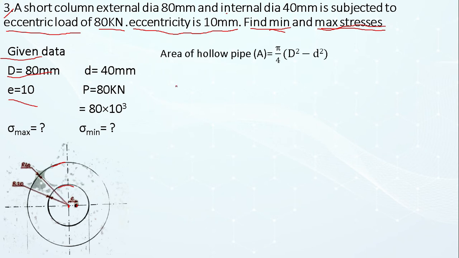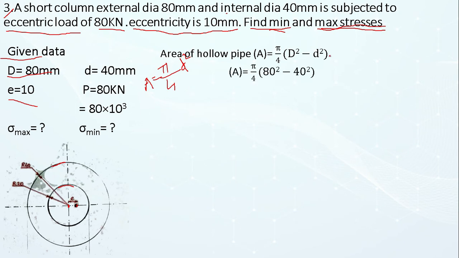We know the formula for a solid circular shaft, A is equal to pi by 4 d square. So for the hollow circular column, this formula modifies as pi by 4 into capital D square minus small d square.